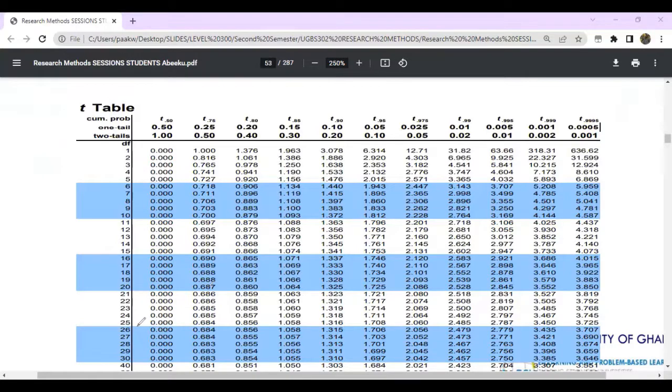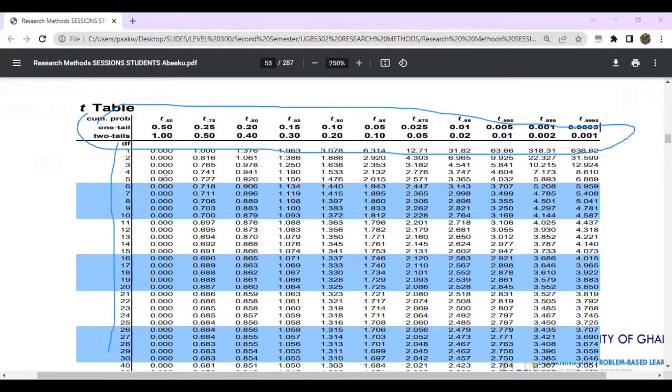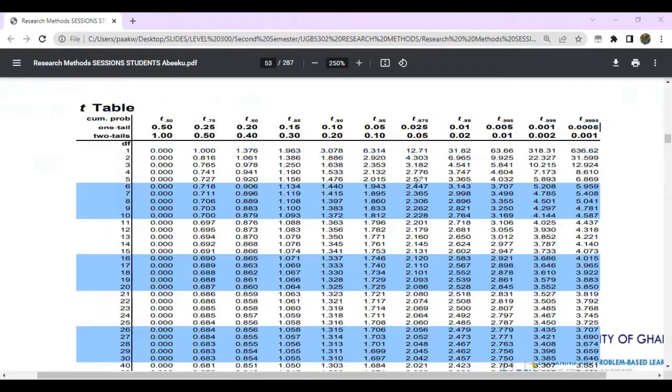Okay. So 25 is the degrees of freedom, which is this side, and the alpha value is on top here. You get it? Degrees of freedom, alpha value. So degrees of freedom 25, and the alpha is what?